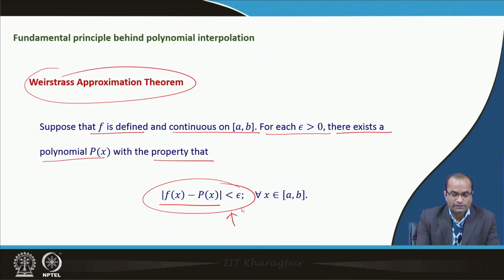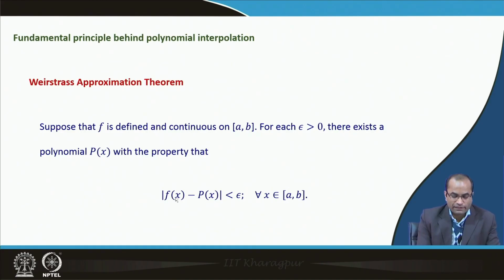So, this relation tells that given f(x), a continuous function on [a, b], we can have a polynomial which will approximate this function with as good accuracy as we want, because epsilon we can fix and it can be very small, and then we can find a polynomial p(x) corresponding to this given continuous function f(x).